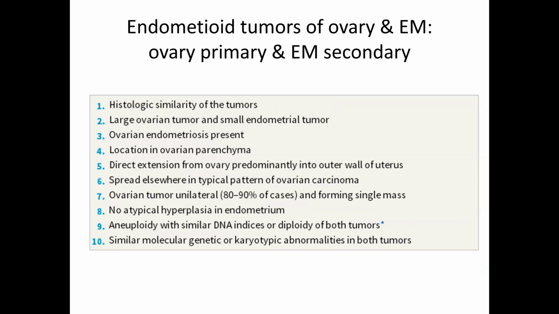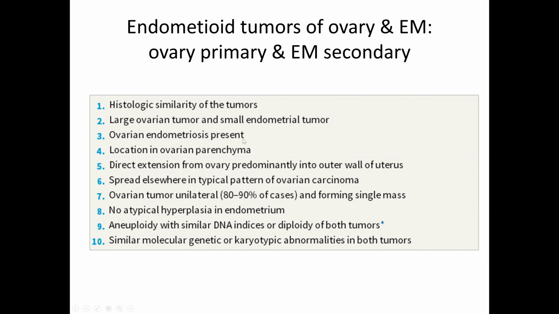What's the other scenario? Well, the ovary metastatic to the endometrium. This is possible, not as common, but possible. The cells can pass through the tube and plant in the endometrium. So again, they would be similar tumors, but the ovarian tumor would be the bulky, large tumor, and the endometrial tumor would be smaller.